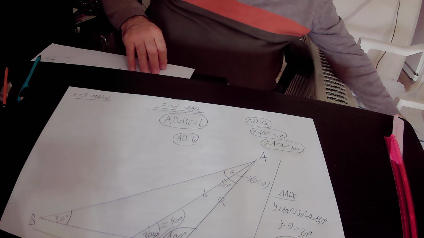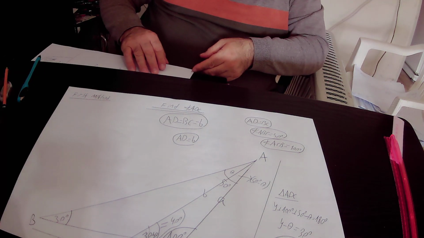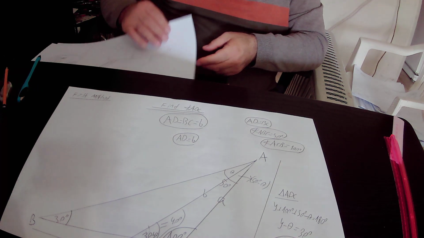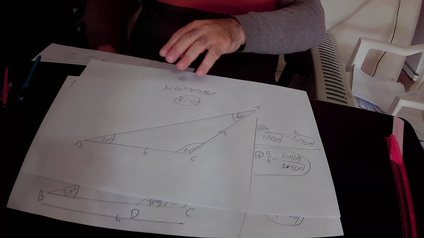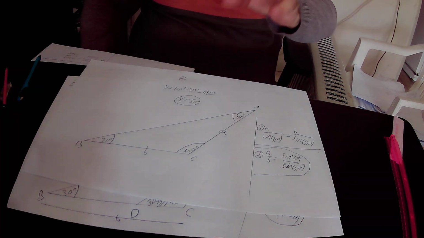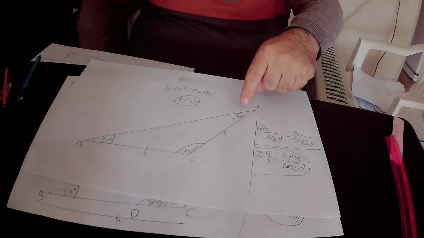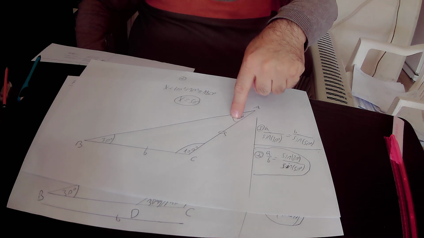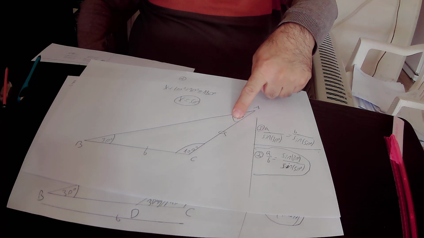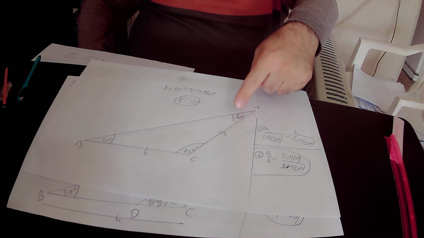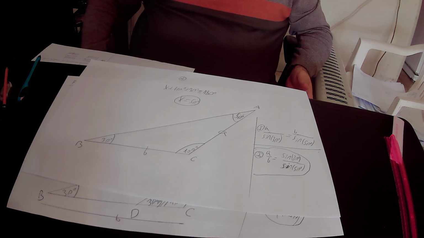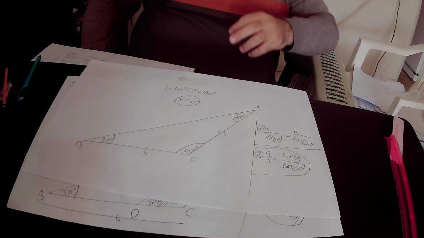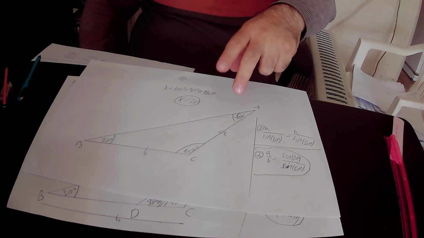So I copied triangle ABC in a new page, and we implemented the law of sines in this triangle ABC. First of all, we found this angle. We defined this angle as angle X. According to the rule that the sum of the angles in any triangle equals 180 degrees, the sum of the angles in triangle ABC equals 180 degrees.